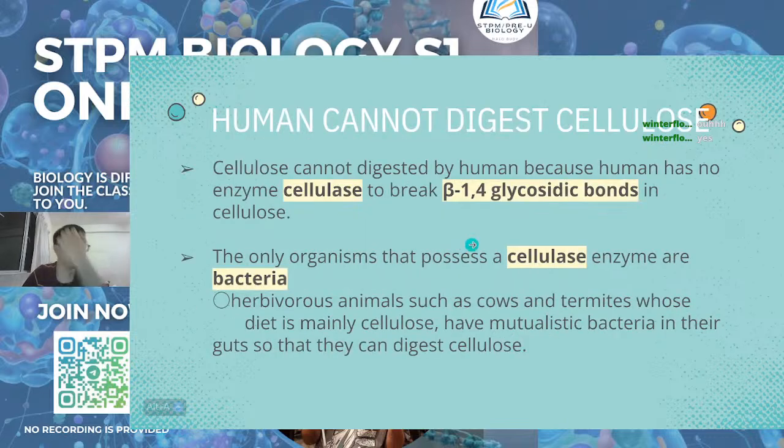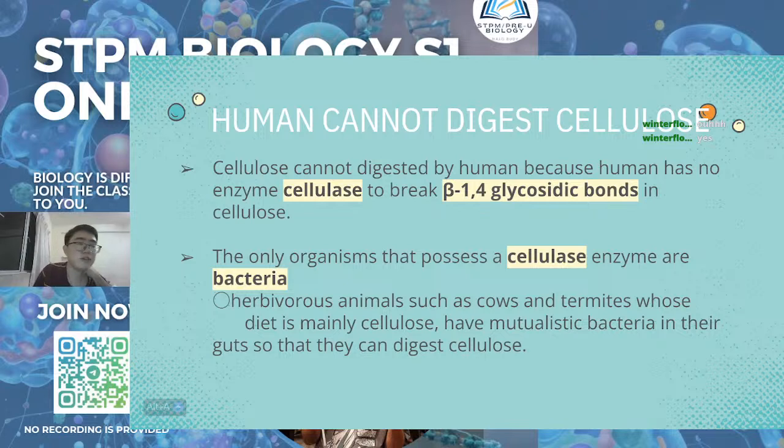Okay, and then this is extra information: humans actually cannot digest cellulose. That is why when we eat plants and vegetables, we cannot obtain the full nutrients from the plant, because plants have a cell wall.